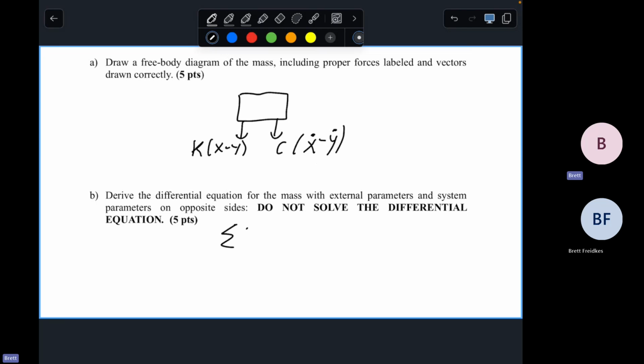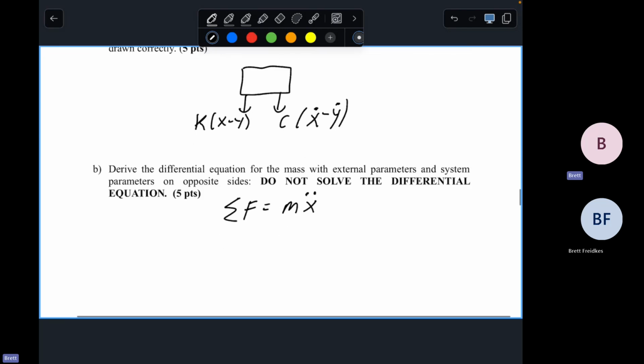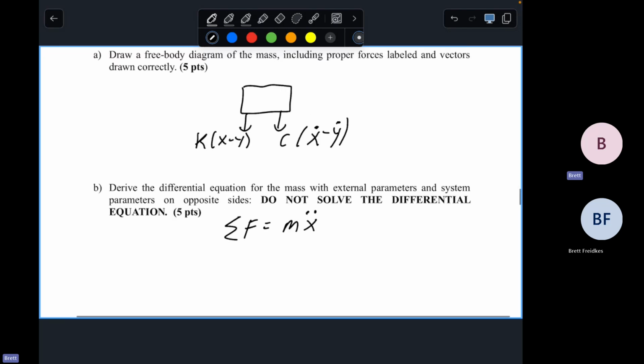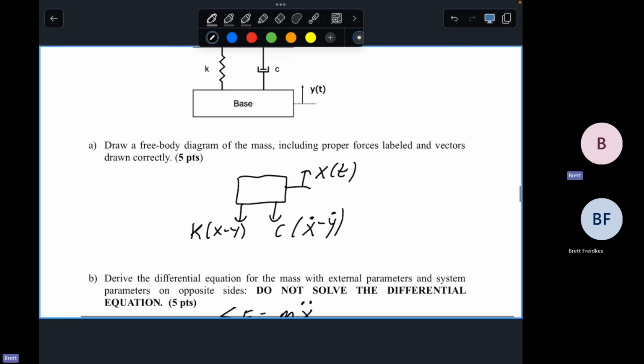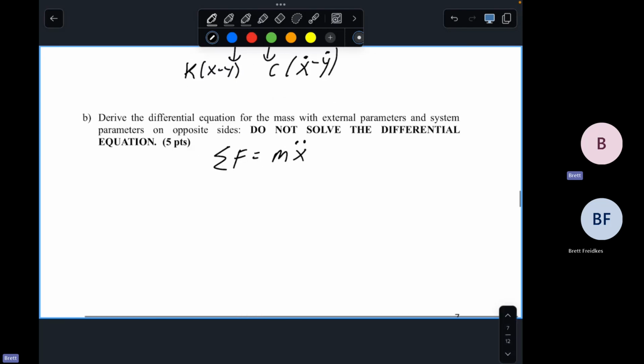So the sum of forces is equal to m x double dot. If I'm assuming that this is the positive x direction, which I give you in the picture, it's going to be negative k(x minus y) minus c(x dot minus y dot) is equal to m x double dot.